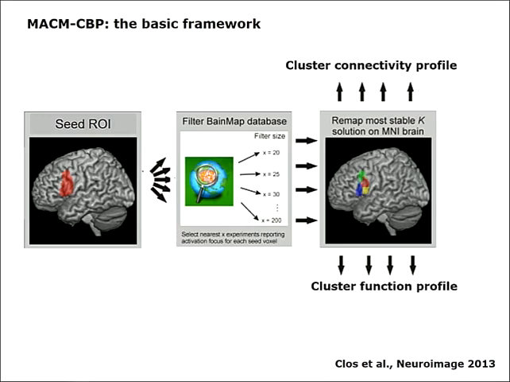And oftentimes, just to foreshadow this, that is actually not the end of the connectivity-based parcellation. Typically, you want to investigate post hoc what these different parcels may actually mean.